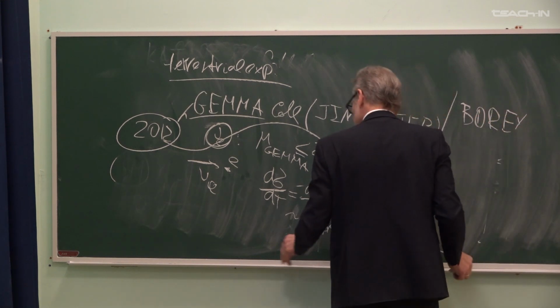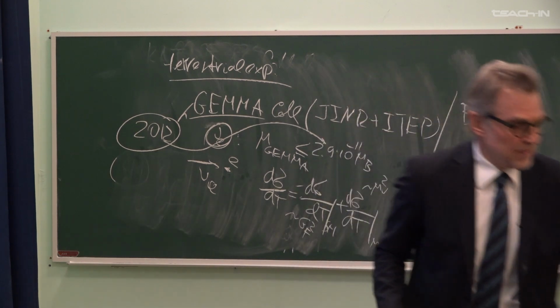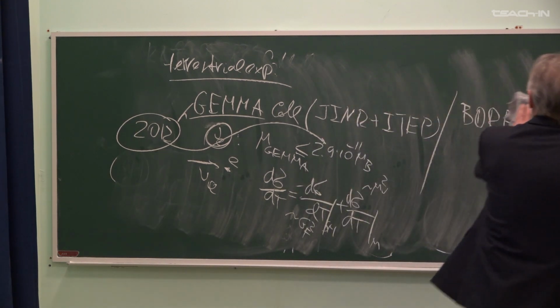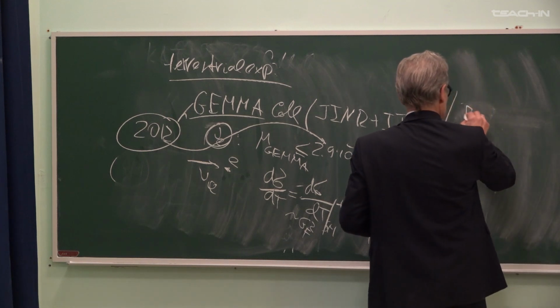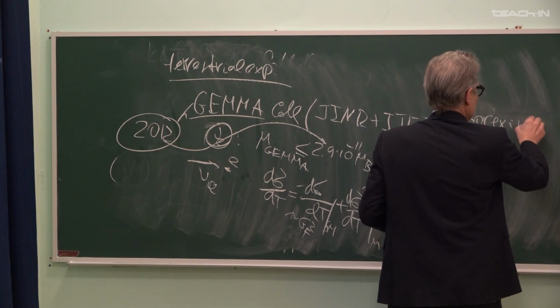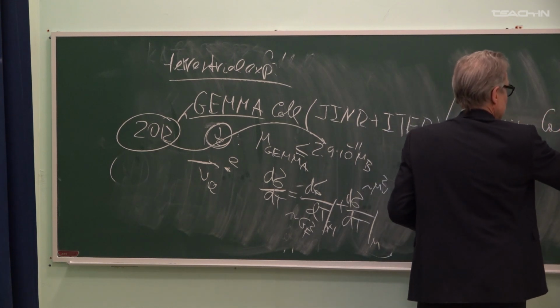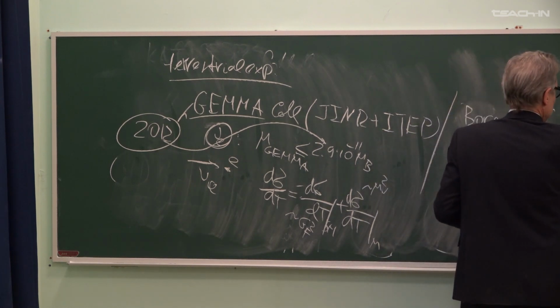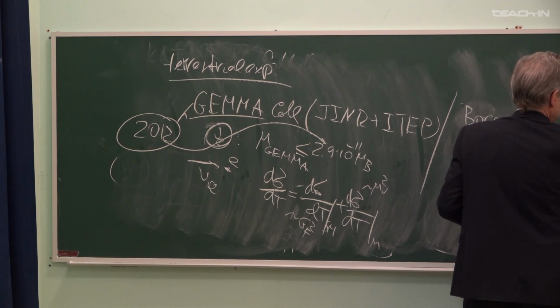Normally people just write it like this, Borexino. I don't know why. The Borexino collaboration. This is Gran Sasso in Italy, Gran Sasso National Lab.